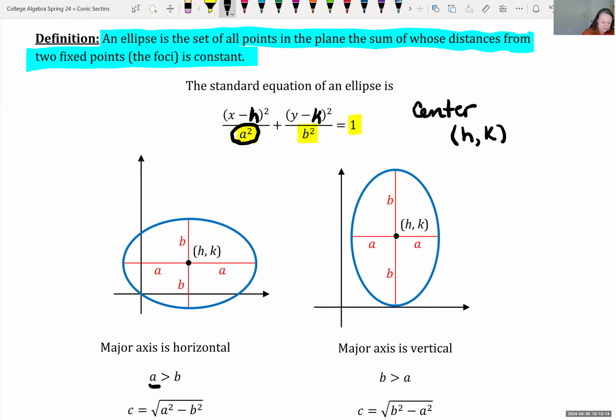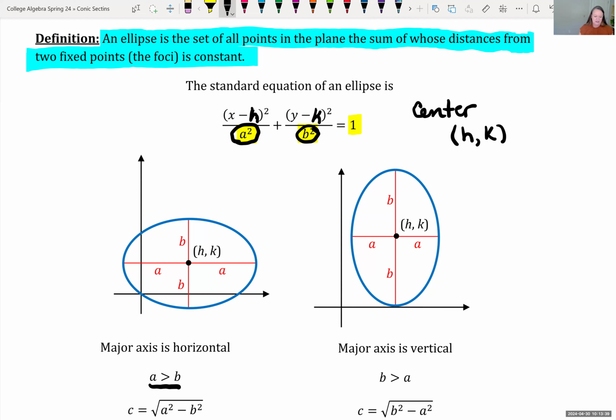So a is bigger than b. Notice that a value is underneath the x. That's how I remember which one it is. If the larger number is underneath the x, it's going to be elongated with the x-axis. If the larger number in the denominator is underneath the y term, then it's elongated with the y-axis.